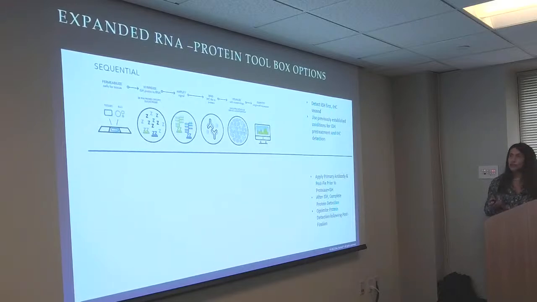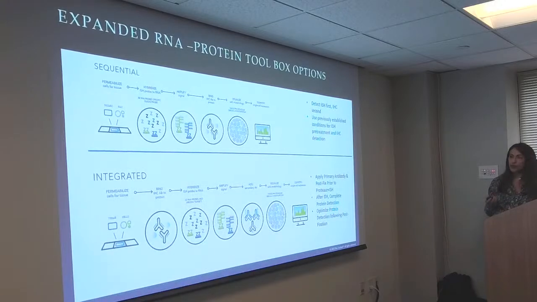So you'll execute an RNAscope experiment, and at the end, you'll do your antibody staining. In situations where we know or see evidence that your antibody recognition epitope is not surviving the protease step required for RNAscope, we shift from a sequential method to an integrated method, which means that we'll go for your primary antibody first, fix, execute your RNAscope, and then come back for the secondary.